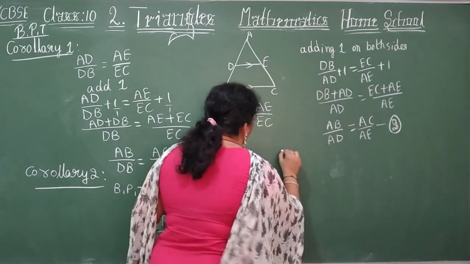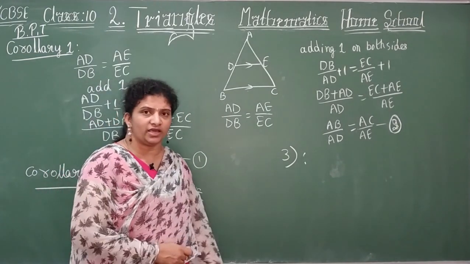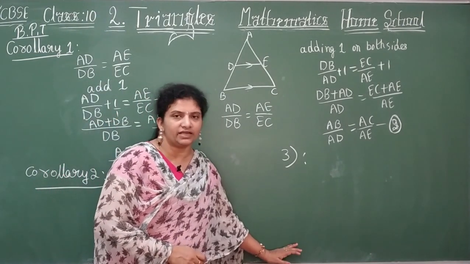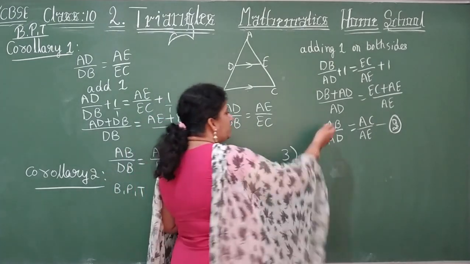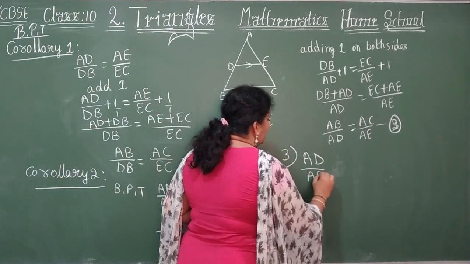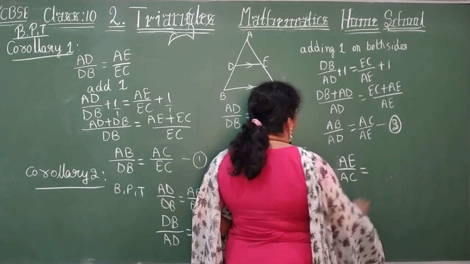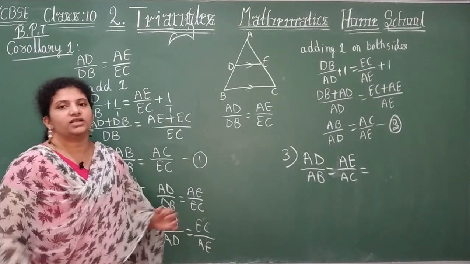See here, children, you will be having one more corollary. What is one more corollary here? No need of solving that corollary. Just do the reciprocal of this. That is, AD by AB is equal to AE by AC.